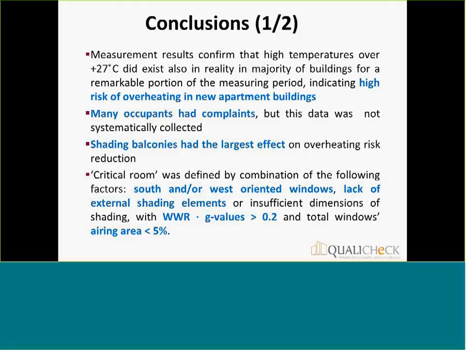Many occupants also had complaints, but we did not collect this occupant response data systematically in this study. Shading balconies had the largest effect on overheating risk reduction, and we were able to define the important basic parameters of a critical room.